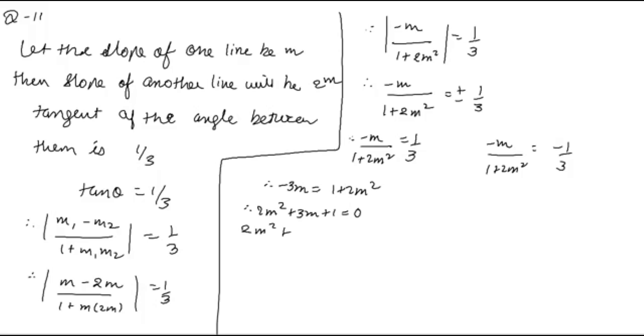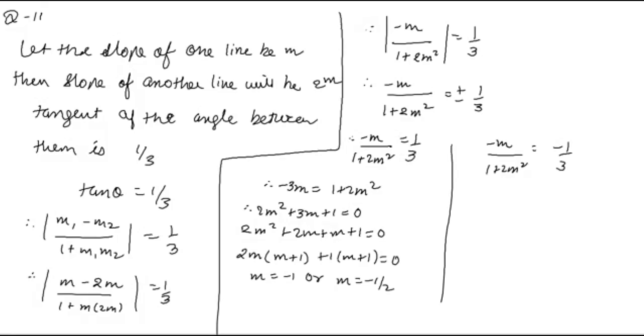2 ones are 2, 2 plus 1, 3. So 2m plus 1 and m plus 1 equal to 0. So m is equal to minus 1, or m is equal to minus 1 by 2. If I solve the other equation, then 3m is equal to 1 plus 2m square.